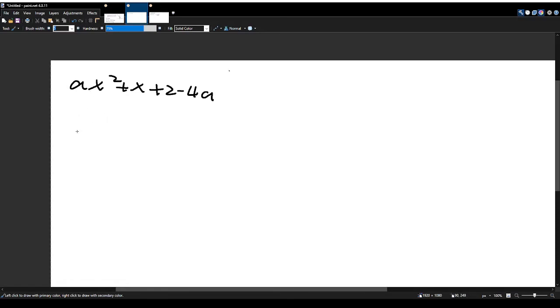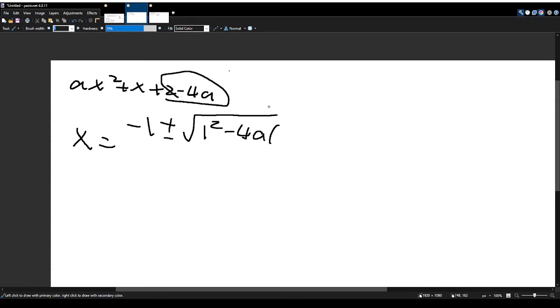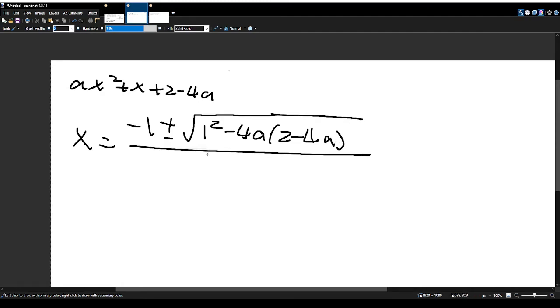Everyone knows how to do quadratics, so just x equals negative 1 plus or minus the square root of 1 squared minus 4a, that's your a, times your c, which is this thing, 2 minus 4a, over 2a.